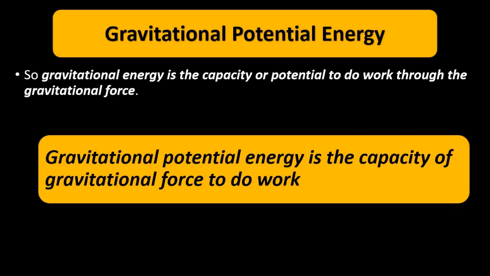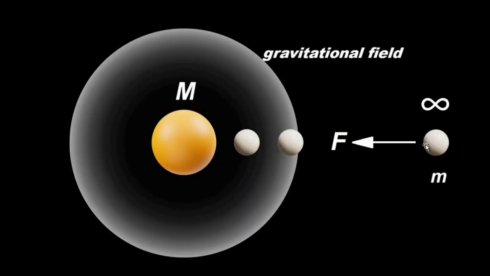Okay, so gravitational potential energy is the capacity of gravitational force to do work. Basically it is the work done in bringing an object of a certain mass, in this case small m, from a faraway distance, in this case from infinite separation distance, to a certain position in the gravitational field of this source mass, of mass capital M. So here capital M is the source mass and this is the test mass.